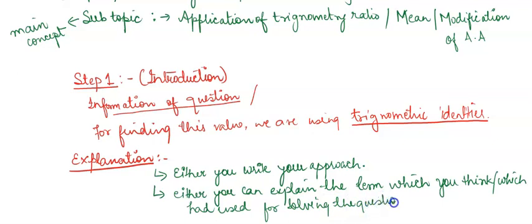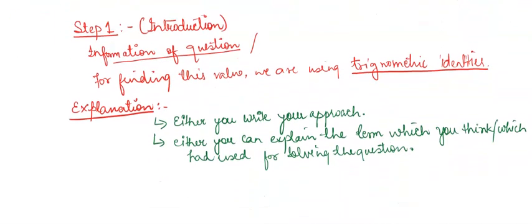For example, here I have underlined trigonometric identity. So either I can write the approach of how I'm going to solve this question, or you can write what the trigonometric identity is. It's just a basic definition about the trigonometric identity, just to brush up the knowledge of the student.